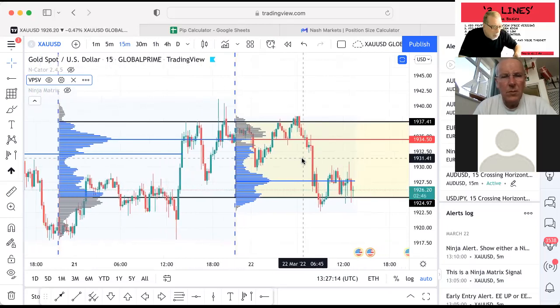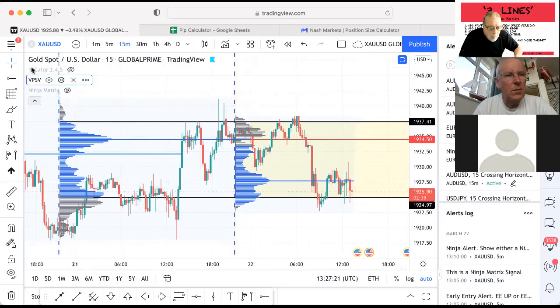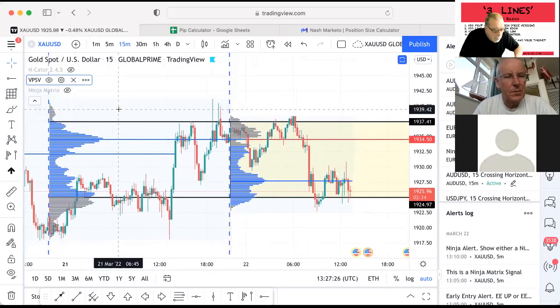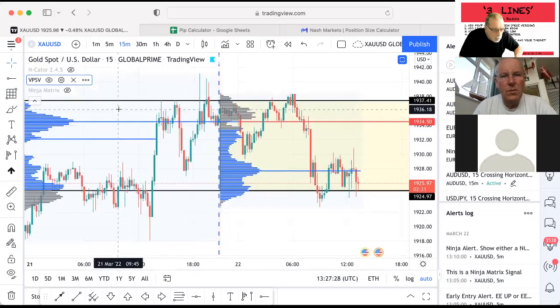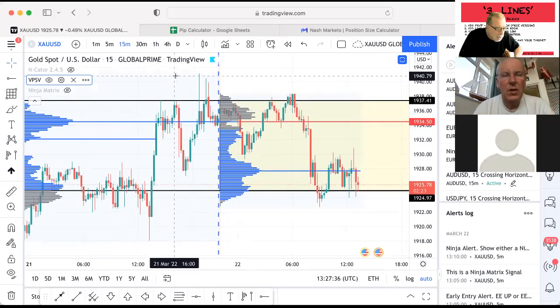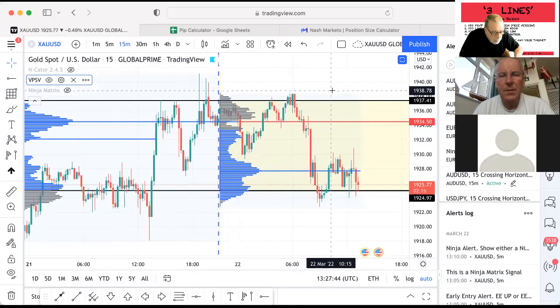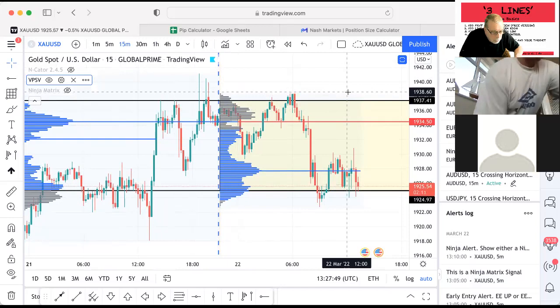Right, so let me go through my checklist and then I'll go on to what Anastasia was talking about yesterday. We have to bear in mind that New York normally opens round about this time, but they've changed their clocks, haven't they? They're now on daylight saving. So New York actually opened at 12:30 today until we put our clocks forward.